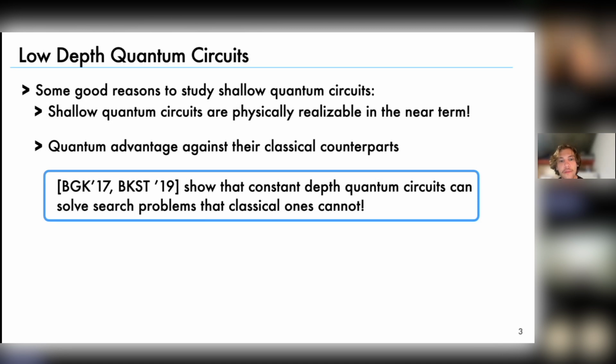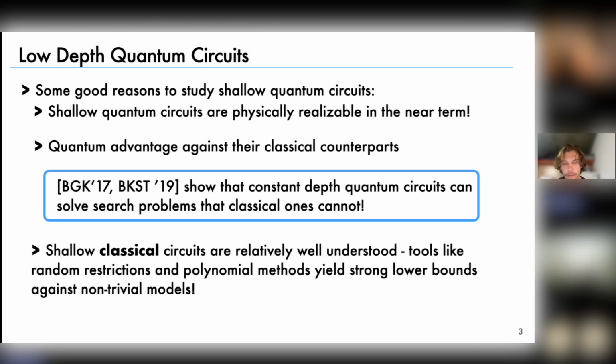They prove super strong lower bounds against the analogous model of classical computation for the same task.